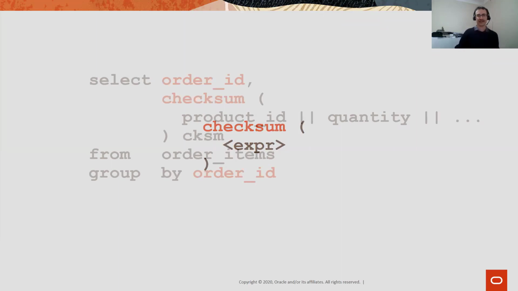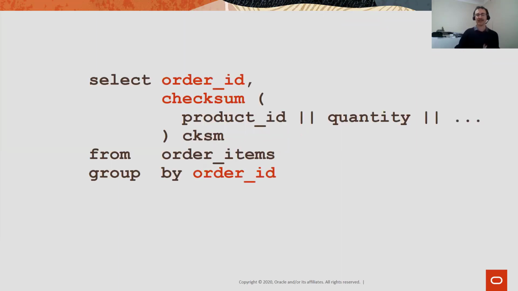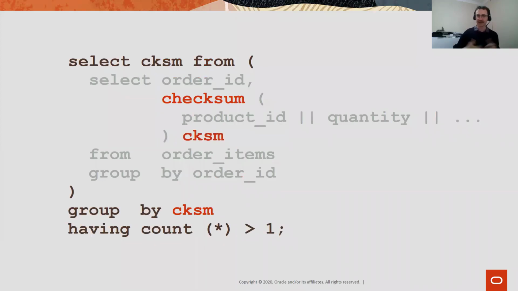We can do something like this, group by order, and then pass in all the columns that we say have to be the same: the product, the quantity, the price, discount, anything else that might be relevant for us to consider baskets the same. So we get a checksum value, and then we can find if there's any duplicate baskets by then grouping the result of that checksum, checking those where there's at least 2 orders, returning that information.